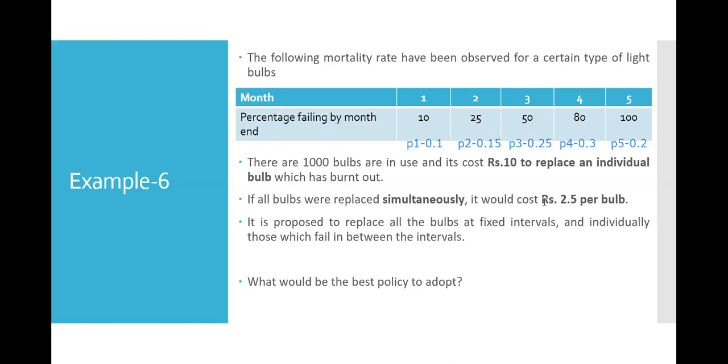Whether we should go for individual replacement, or select group replacement. Based on the further calculations, we will be able to decide which case is to be adopted. Now let's start the calculation. I want you to have pen and paper with you, so that you can start calculating along with me.